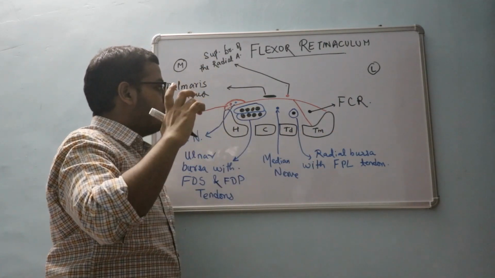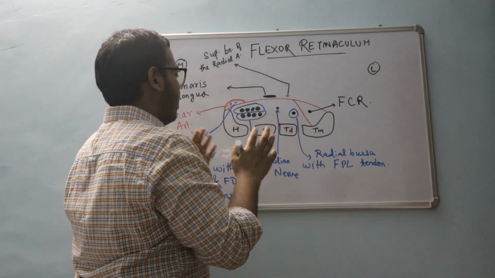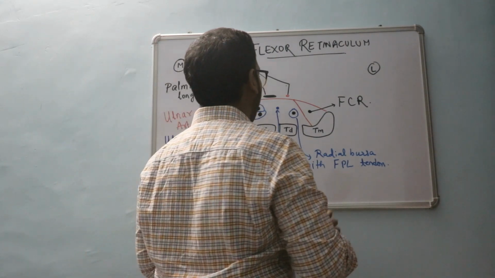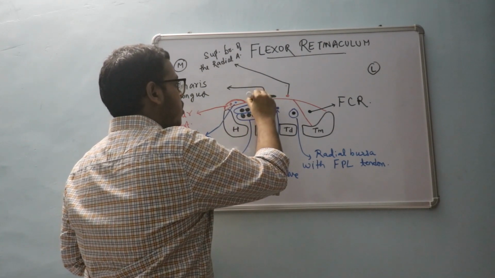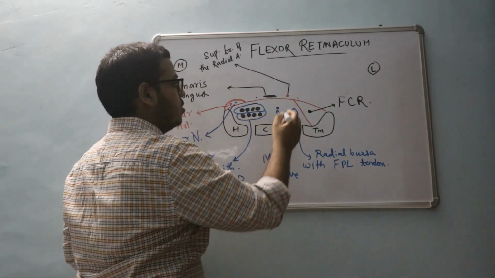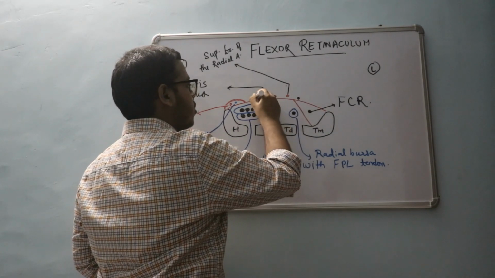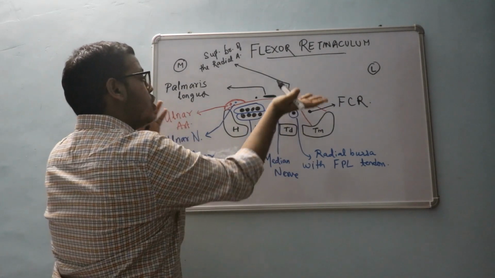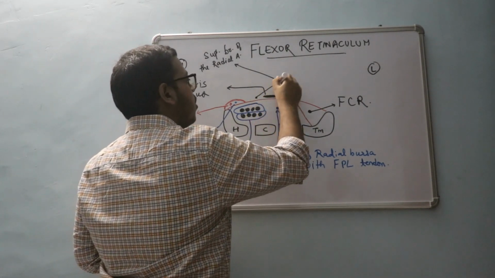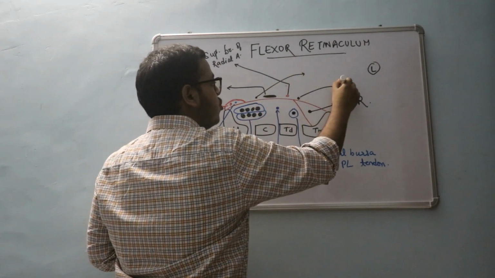Okay, two more important nerves are present superficially. What are the two nerves that are present superficial to it? One and two.